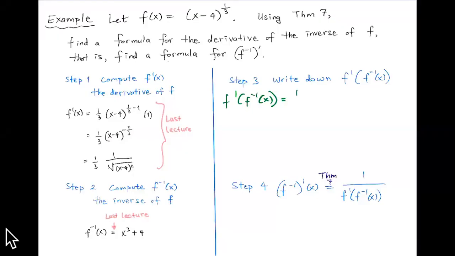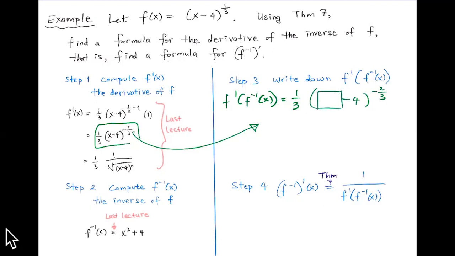So I have 1/3. And actually, I'm going to use this one because it's easier to write. And in place of x, I would write down x cubed plus 4. So this gives me 1/3 x cubed to the negative 2/3.